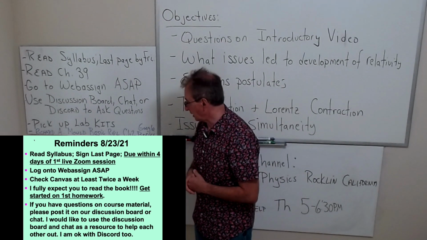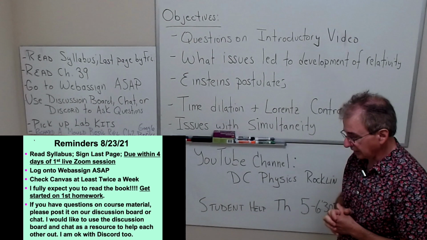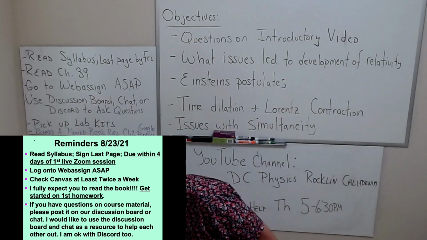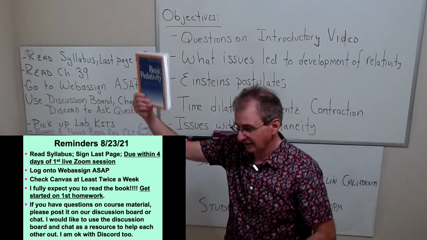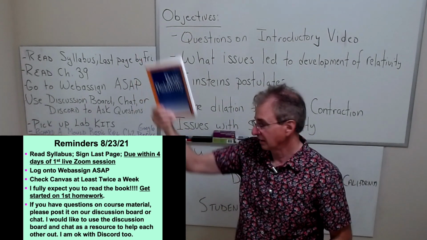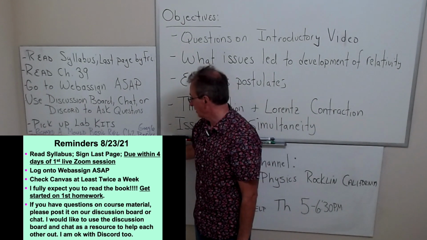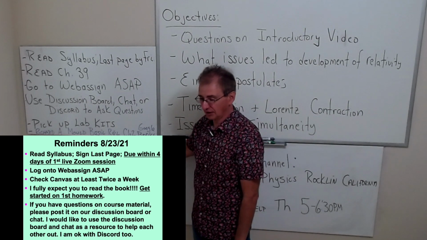Now, for this unit on relativity, I started looking at this book called Basic Relativity. Hold on a second. It kind of looks like this. There's a version of it on Google Books, and there's really one chapter that's actually very useful for you guys.